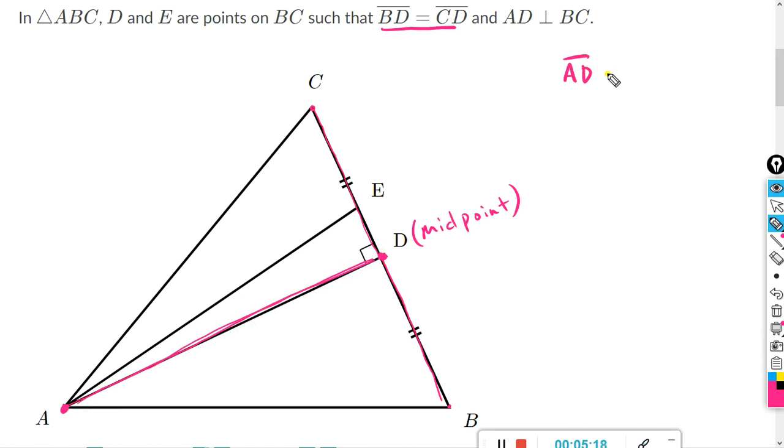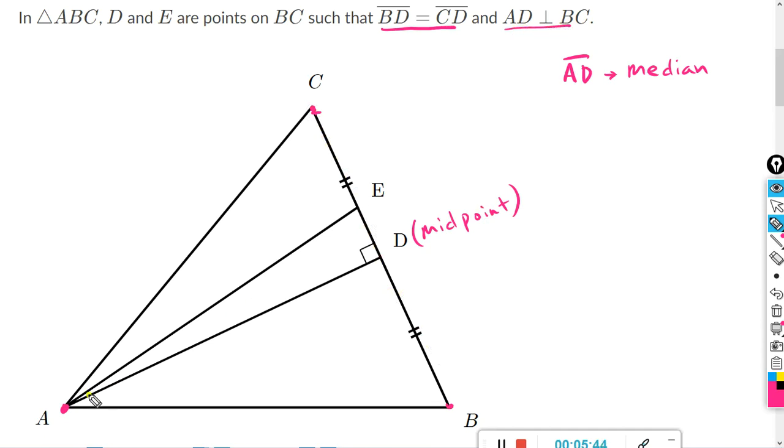So AD is a median. And AD is perpendicular to BC. So let's see. BC, here's B, here's C. So BC is this side on the bottom.